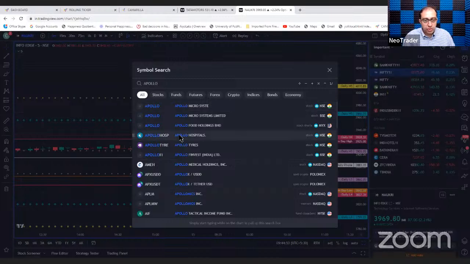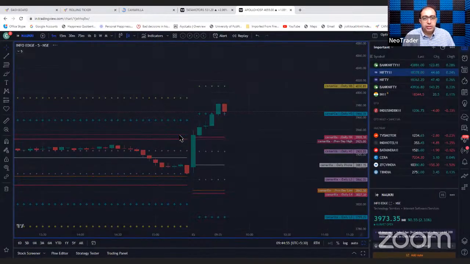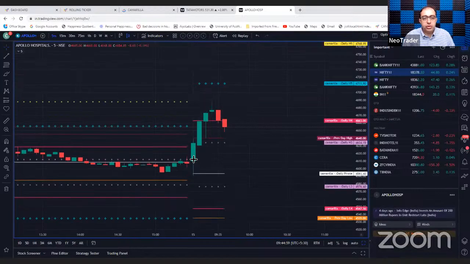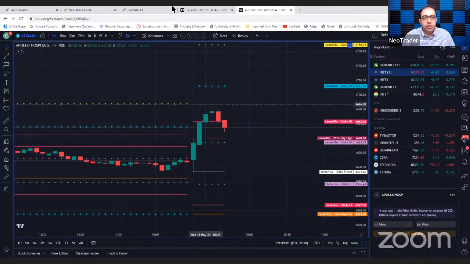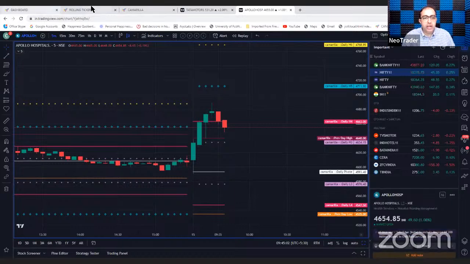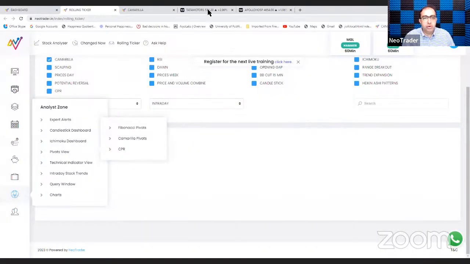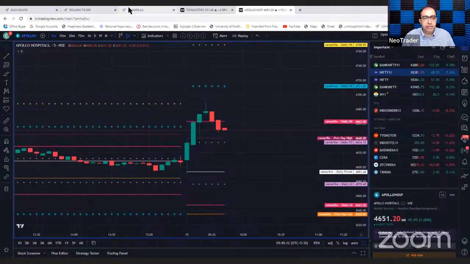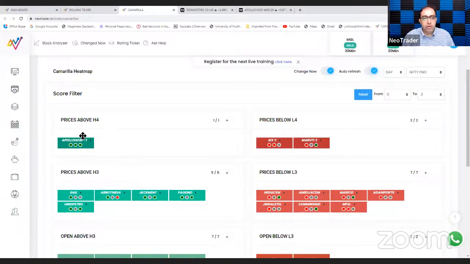So I go to Apollo Hospital and I can see that the stock has crossed a score of 1. So now what we want is we want a score of 2 and above. So we will participate. So what I do is I wait for the score of 2 and above to emerge.